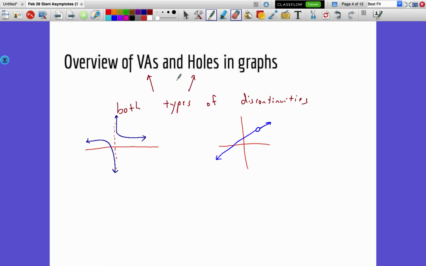All right, vertical asymptotes, these are caused by factors on the bottom that don't cancel.